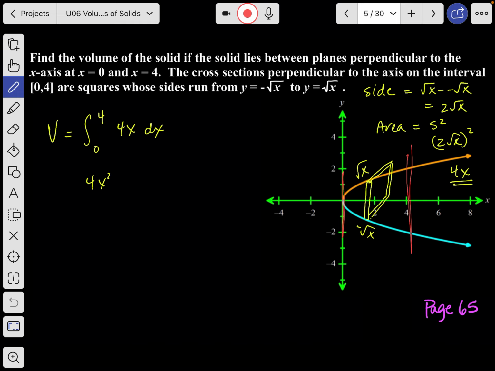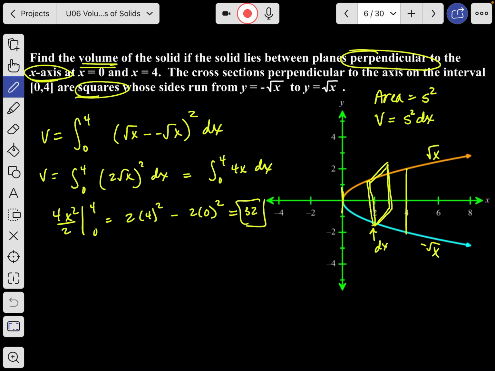Let's just find the antiderivative. So 4x squared over 2 evaluated from 4 to 0, and so that's just going to be 2x squared evaluated from 4 to 0, and if I plug in 4, 2 times 4 squared minus 0, so 4 squared is 16 times 2 is 32 units cubed. And that would be the volume of this figure.